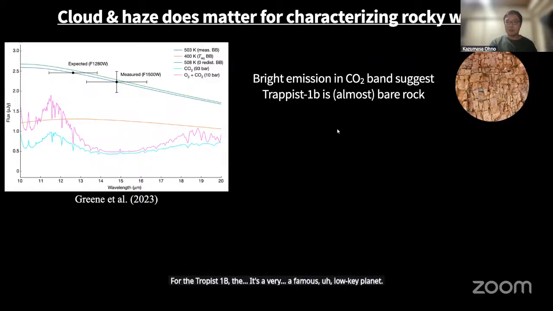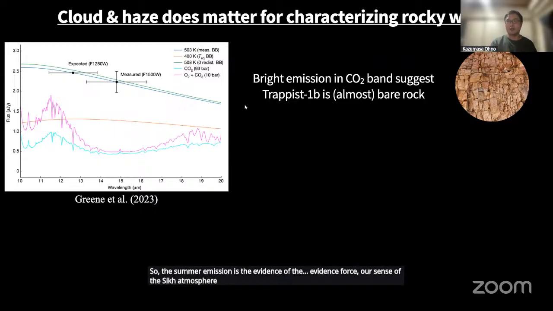And originally it was suggested that such bright thermal emission is evidence for the absence of a thick atmosphere on TRAPPIST-1b.